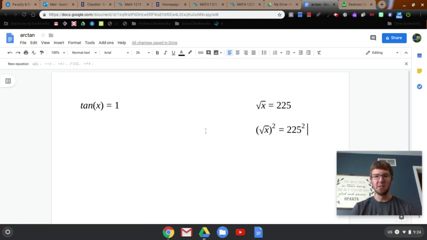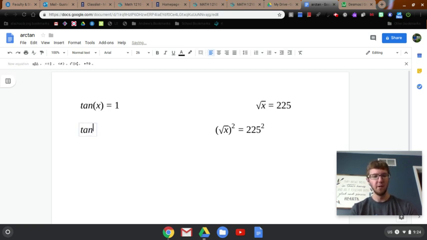I'm going to use a similar method back here. I'm going to delete a little bit, leave me some room. So I'm going to take the inverse operation, and the inverse of tangent is simply called tangent inverse, which is uncreative. But that's the tangent inverse of both sides of that equation.